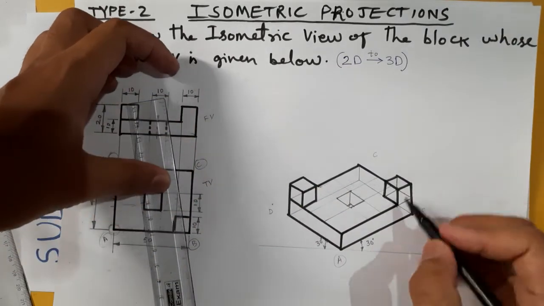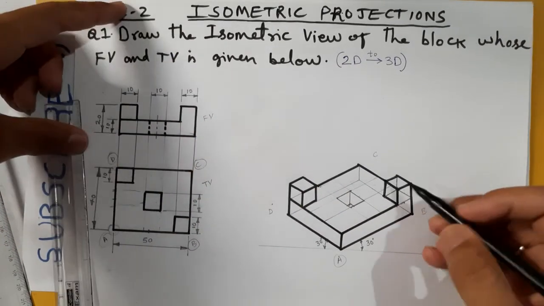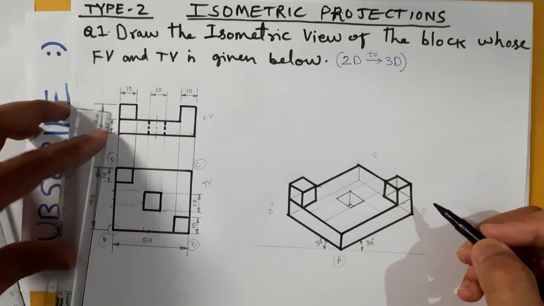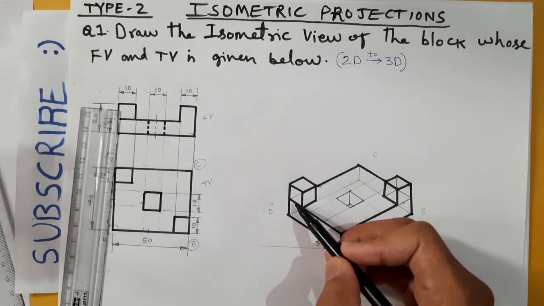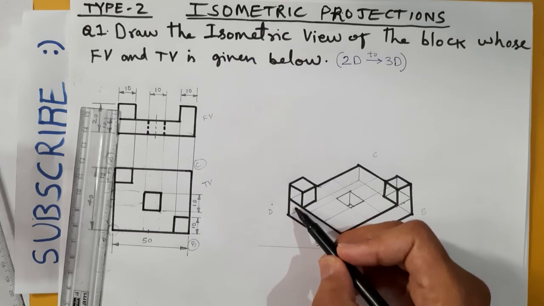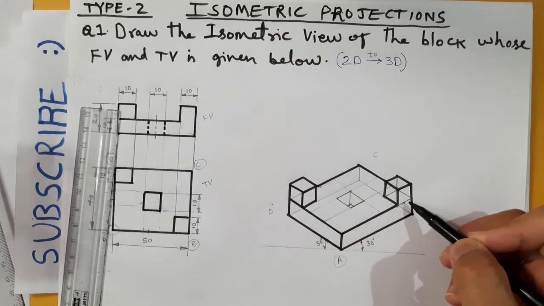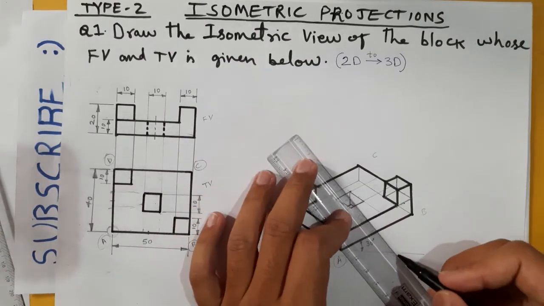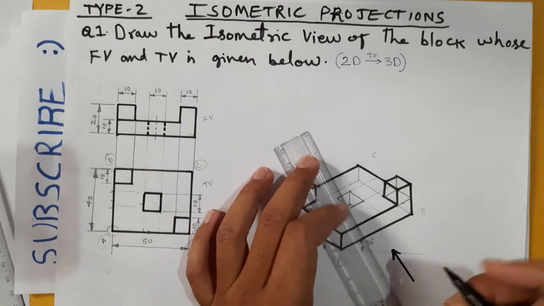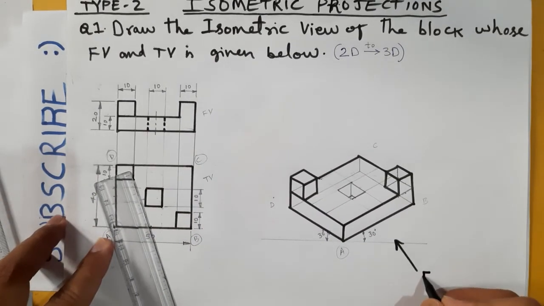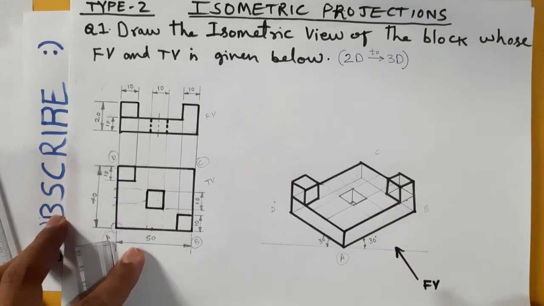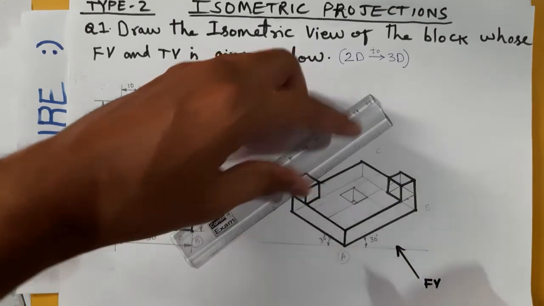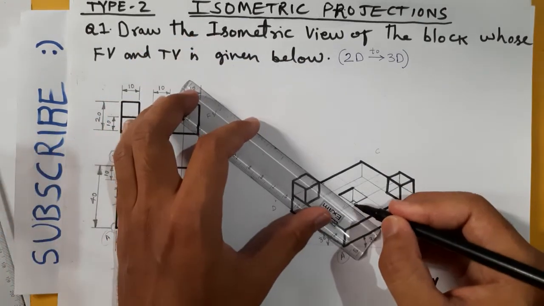Like this. One more thing here, if you want you can join or you can leave it. In the front view they have not given anything, that's why I am not doing here. You can keep it thin line also, or else here also you can have the option available so that you can either leave it here to here like how I have left, or you can join it. So as per the question I have left here. So this is the front view which you can see from here. So this is the surface which is visible in the front view. Hole also we need to make it dark. After that our problem will be completed.